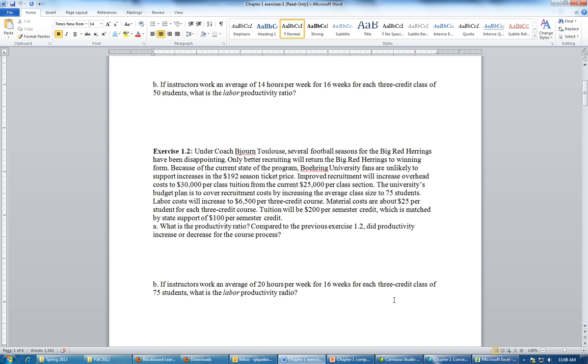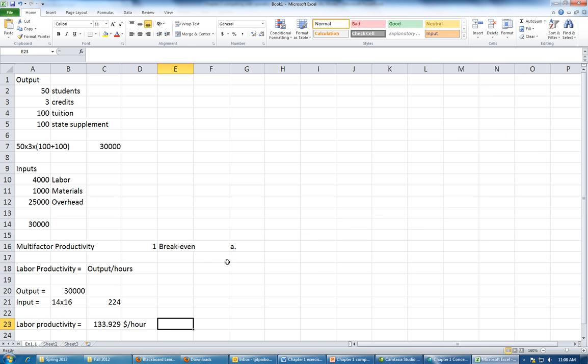So the question asks, does this new improvement or new increase in cost improve productivity? We're going to do this exercise 1.2 by copying. You hold your control key, drag to the right, copy the first exercise, and change it to 1.2.